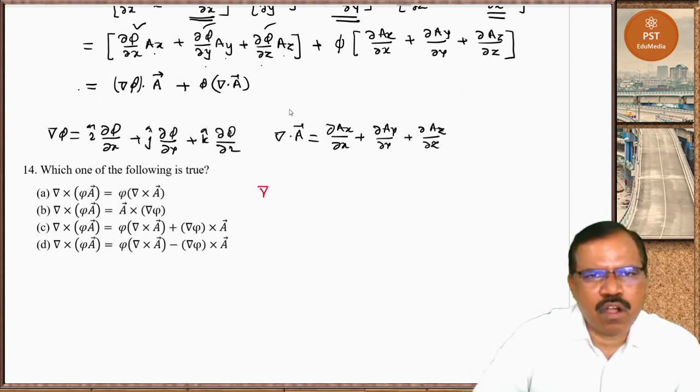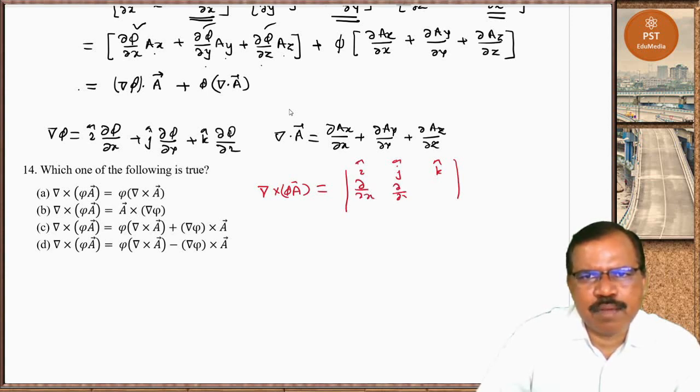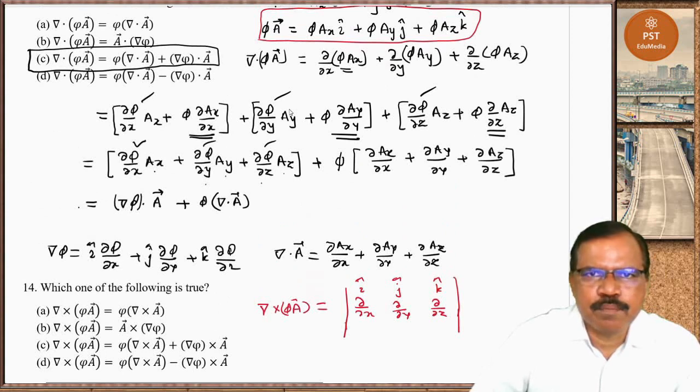Del cross phi a will be equal to the determinant with i, j, k; ∂/∂x, ∂/∂y, ∂/∂z; and what is the x component of phi a? Phi a_x. This one.